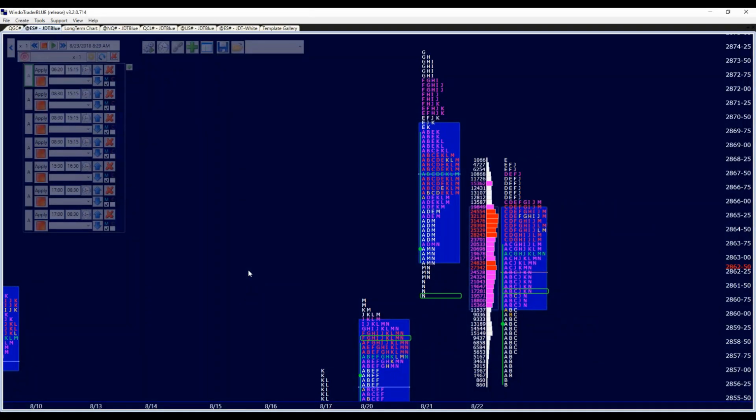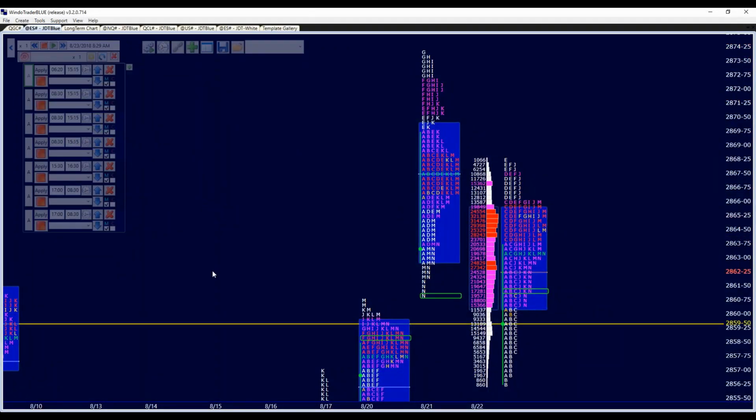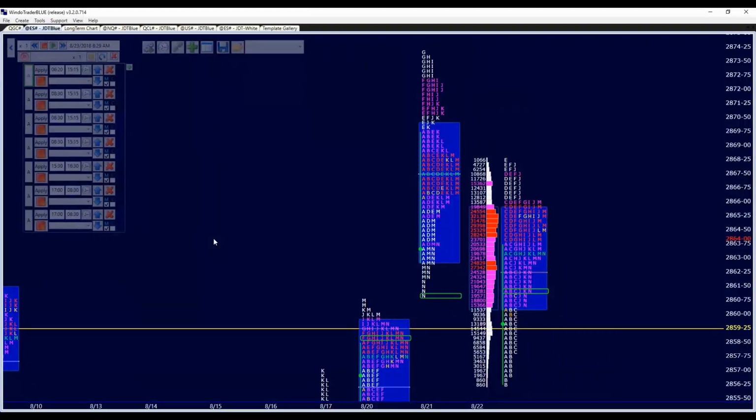So I'll tell you on the 23rd, we're going to open in the previous day's profile. When we open within the previous day's profile, that increases the odds that we will have a rotational trading day.